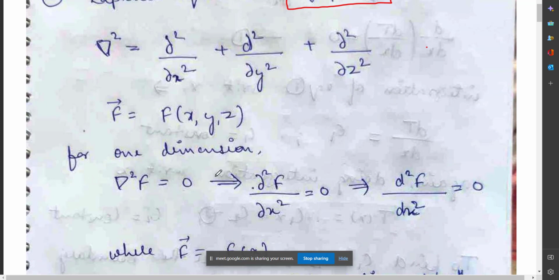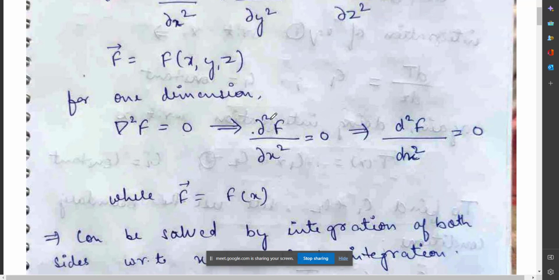For one dimension, this function will be a function of x. Then the Laplace equation for f will be del square f equal to 0. That means del square f upon del x square is equal to 0, that means d square f upon dx square is equal to 0.